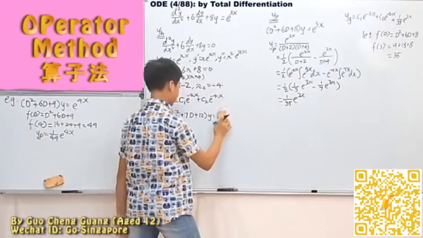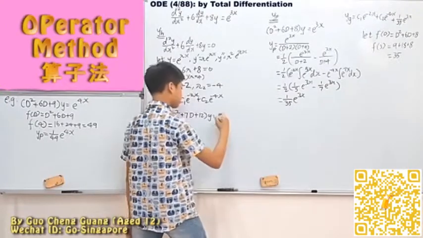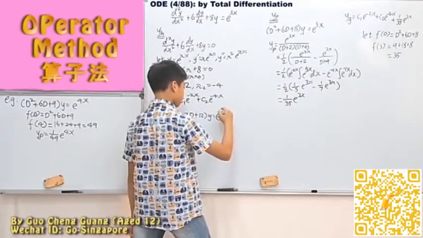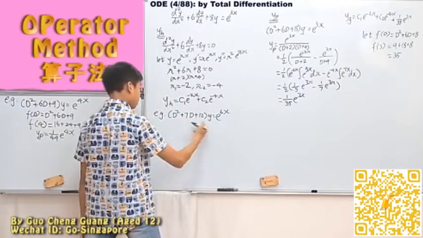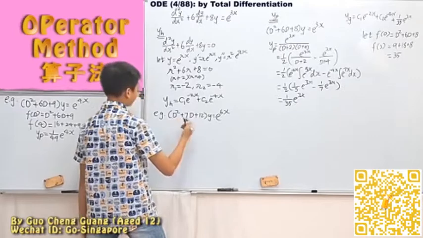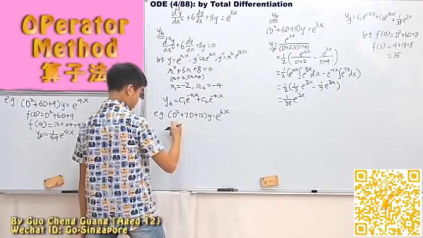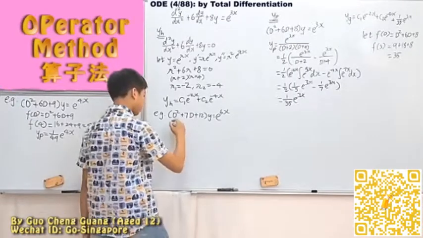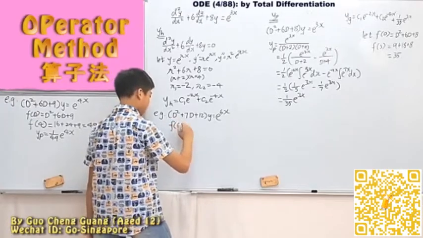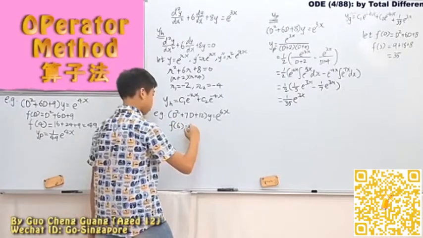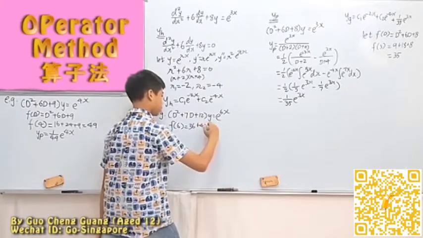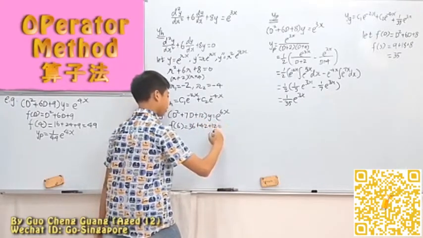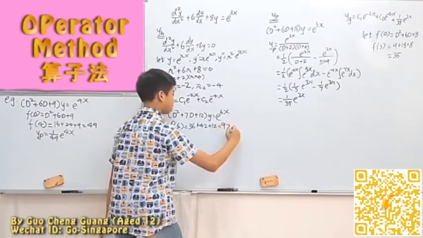So if I were to make it a little bit more difficult, e to the power of 6x for this part. So in here, if you don't write f(D), it can just directly be this part. So you just directly need f(6). So f(6), 36, 42, 12.